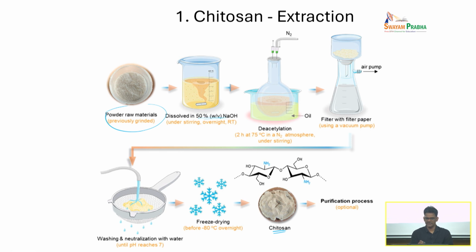It's directly treated with the 50% NaOH in the first place, so you can do deacetylation right away. And then again filtering, washing, and then freeze drying directly give you chitosan. So if you don't need chitin first, if you directly want chitosan, you can follow this process, where the initial treatment with NaOH is enough to do the deacetylation as well as purification.